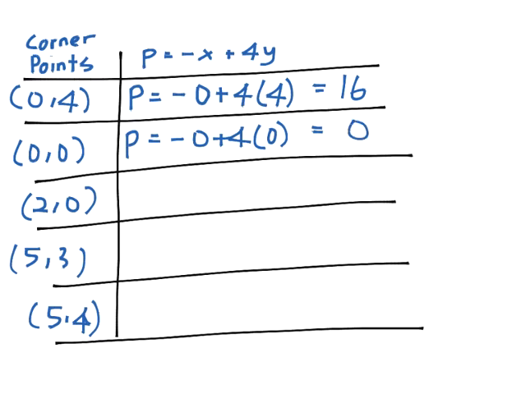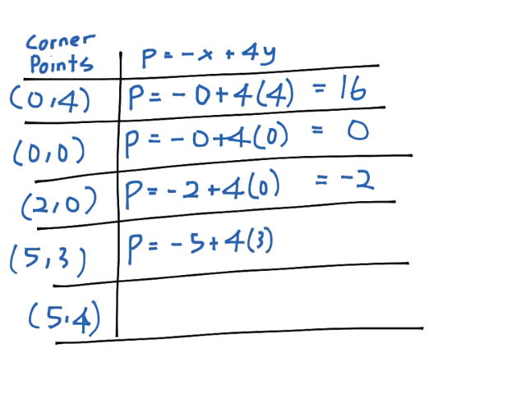Then for the third corner point, the same thing, calculate your p. You substitute x with 2, so you have negative 2 plus 4 times 0, which gives negative 2. Then for the fourth corner point (5, 3), substitute into x and y: negative 5 plus 4 multiplied by 3, which is negative 5 plus 12, giving positive 7.